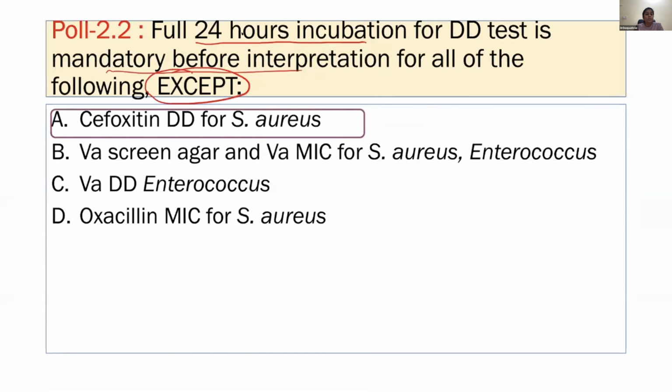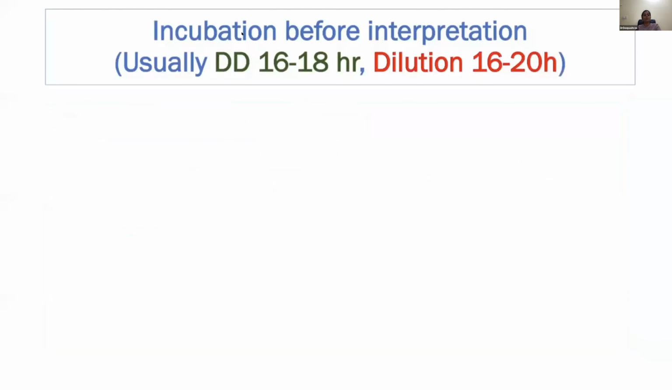There are situations where 24 hours incubation is mandatory, but this is not for Staph aureus. In CoNS, 24 hours incubation is mandatory for cefoxitin, not for Staph aureus. For vancomycin screen agar and vancomycin MIC for both Staph aureus and Enterococcus, 24 hours is mandatory, and oxacillin MIC for Staph aureus also needs 24 hours.